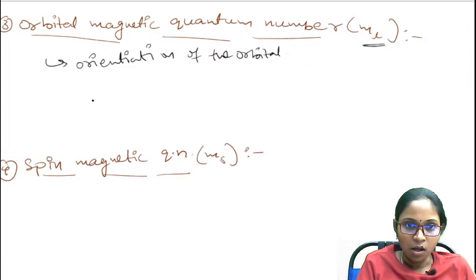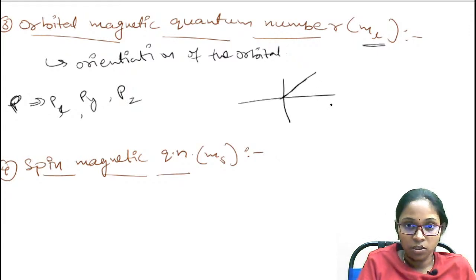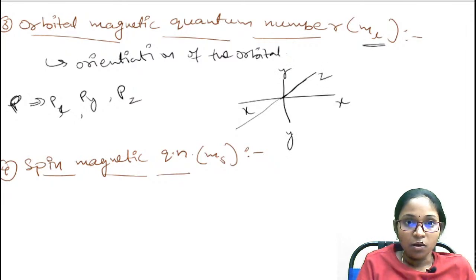For example, in the P subshell, we have px, py, pz. Actually this P subshell is oriented in the direction of px, py or pz. We have the three-axis Cartesian coordinate system, for example, x, y and z axes.